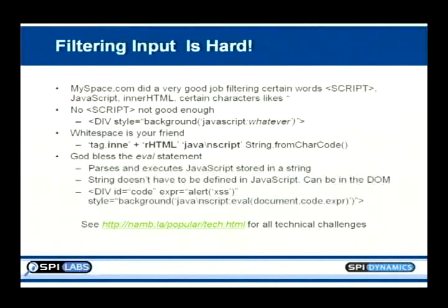It got around filters. It shows that it is very hard to filter web apps effectively. You can go to this website and read a lot more about the technical challenges. Again, I don't want to smack MySpace around because they did a good job filtering. This was just a very, very neat and interesting hack, and everyone should acknowledge that.